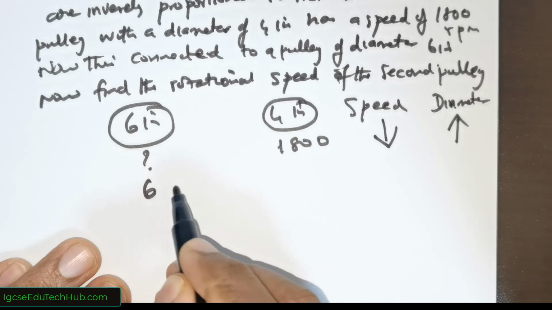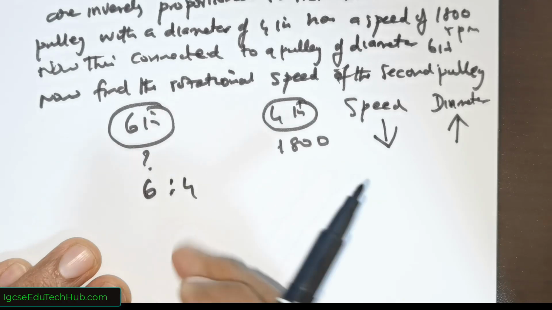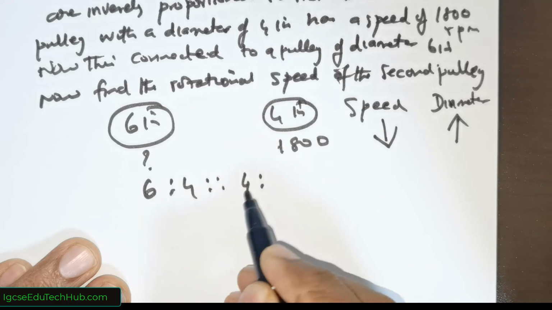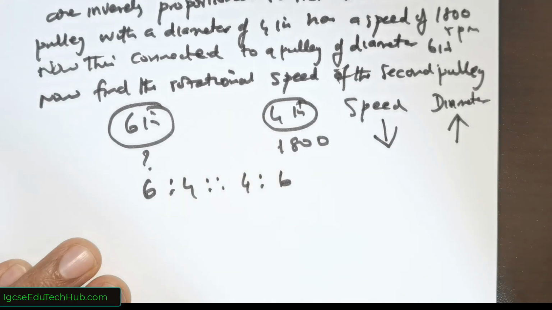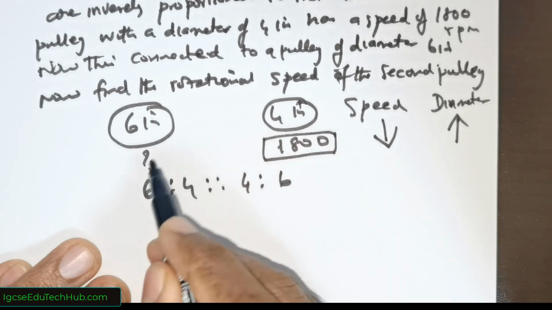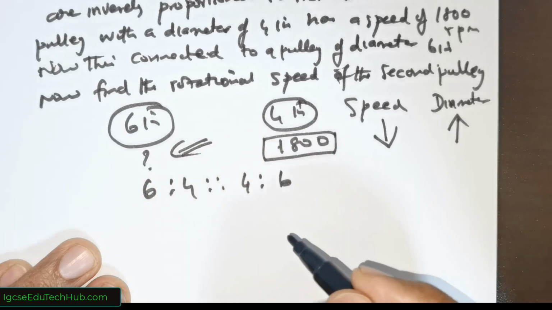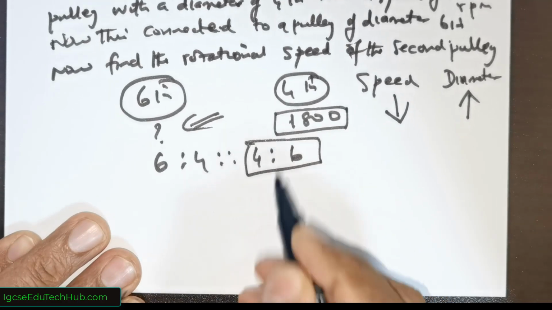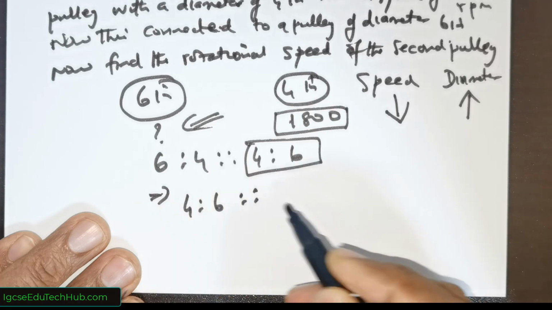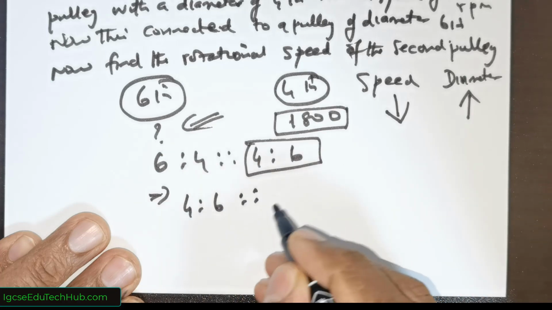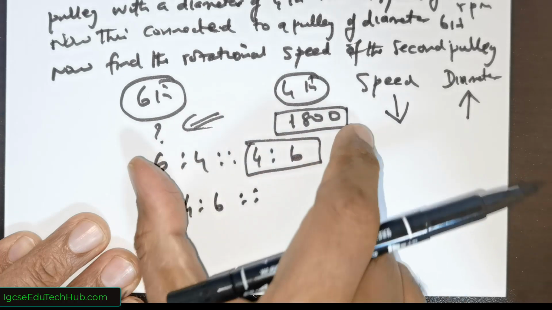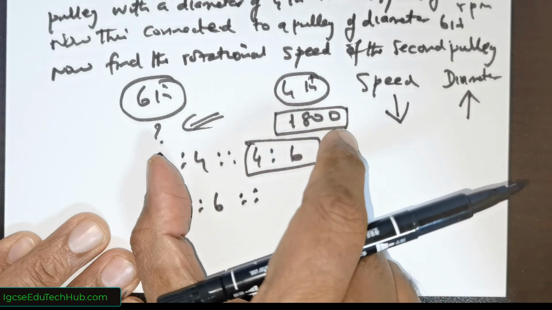So 6 and 4 are the diameters, so the speed will become 4:6. We are expected to get the speed, right? So we have to use this: 4:6 is inversely proportional to the speeds that are given.